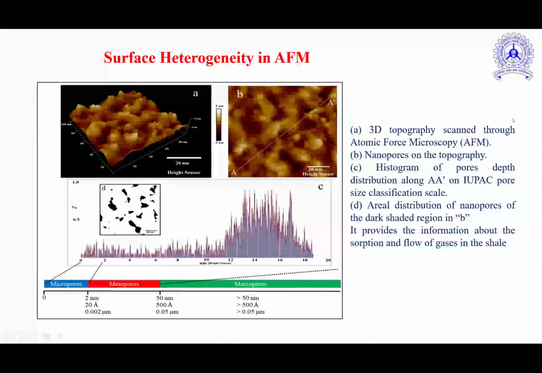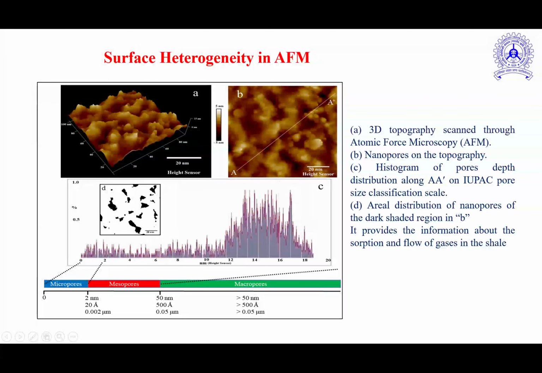In addition to that, if you have gas, adsorption is another important parameter for shale gas. We need to identify how much gas could be adsorbed there, and the surface morphology is very important for that. So AFM is another technique used to determine the morphology, how heterogeneous it is. From here also, using image analysis, you can convert the images to porosity.